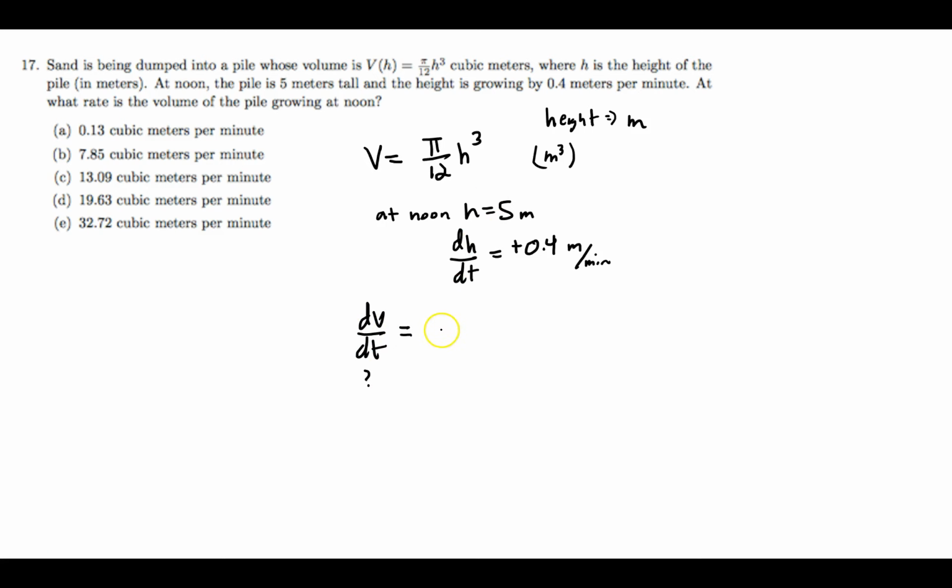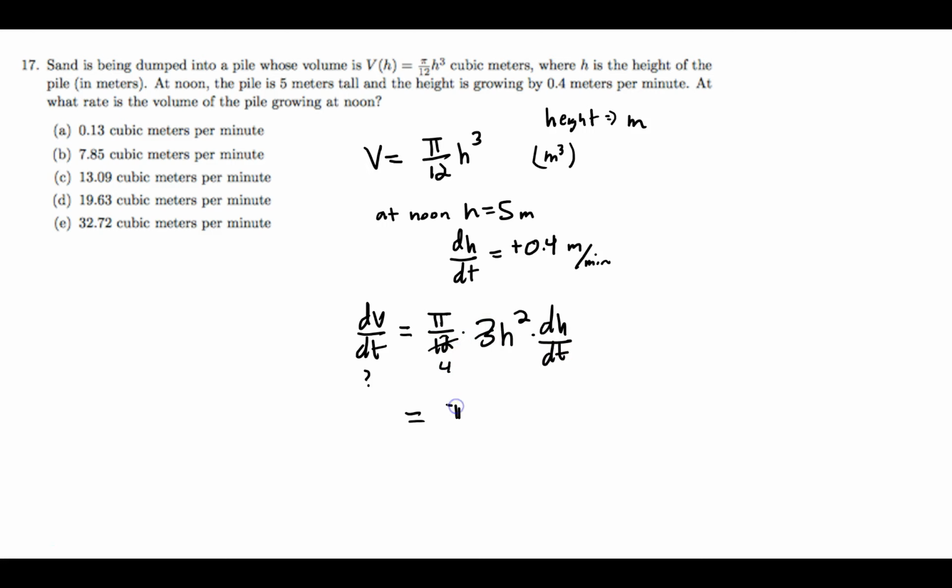Okay, so we take the derivative. We have this pi over 12, and we carry that down. It's a constant. H cubed's derivative is 3h squared. But h is changing with time, so we multiply by dh/dt. And so that can be pi over 4.